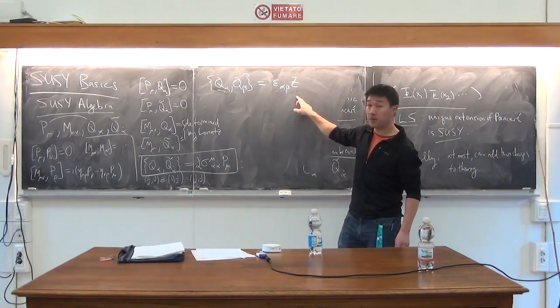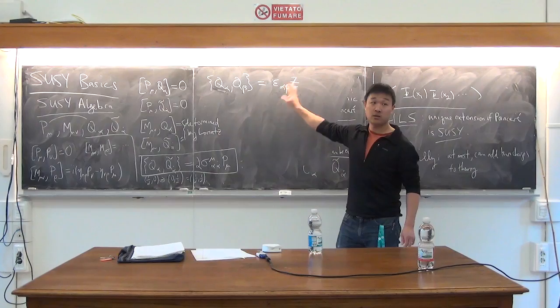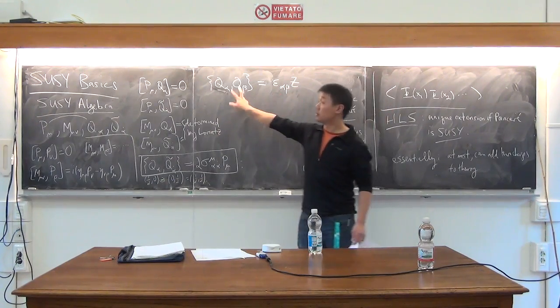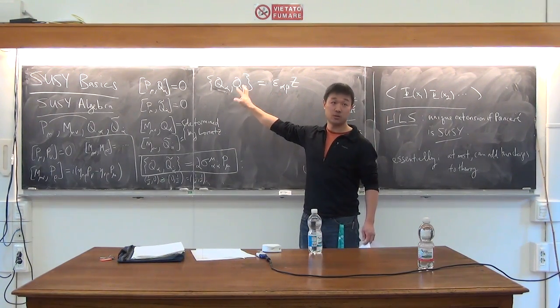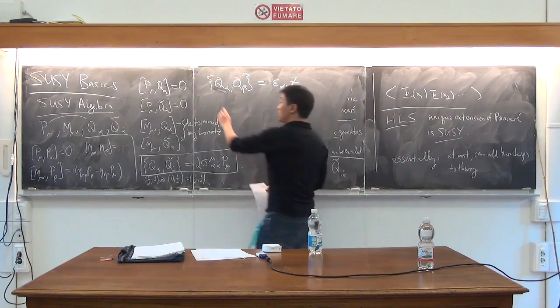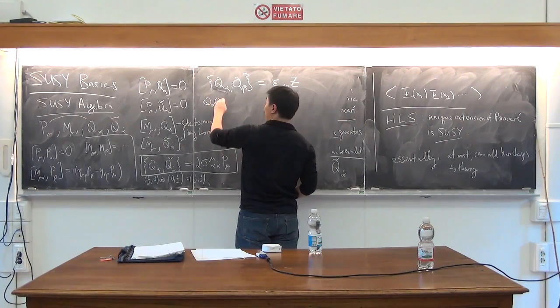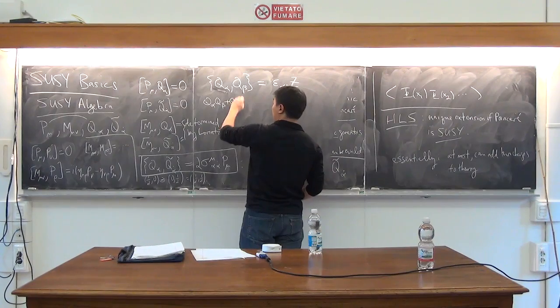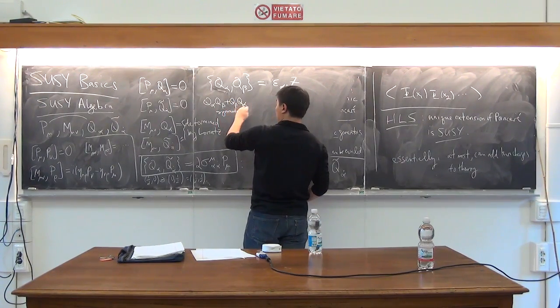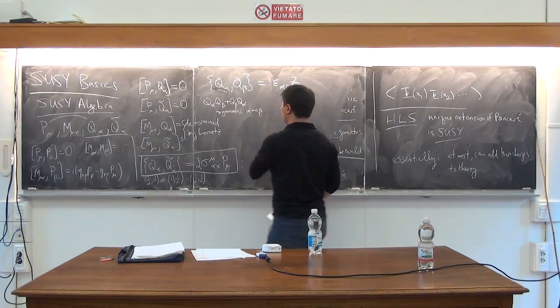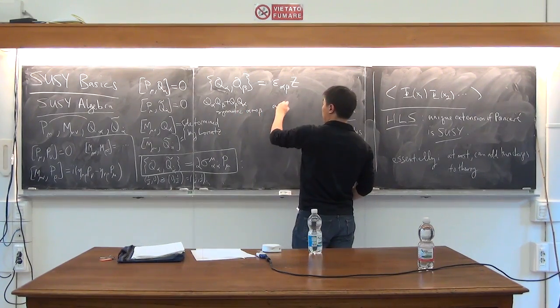Z has to be 0 because this is antisymmetric under interchange of alpha and beta, but this is Q alpha Q beta plus Q beta Q alpha, which is symmetric under alpha and beta interchange. This one is antisymmetric.